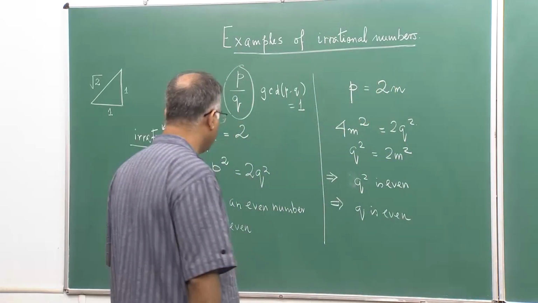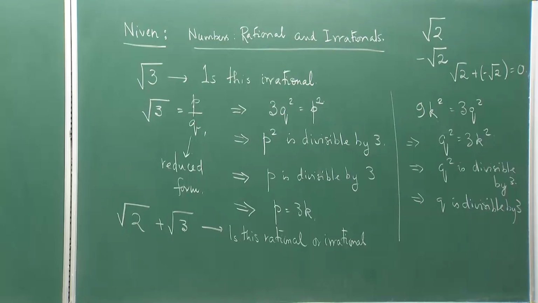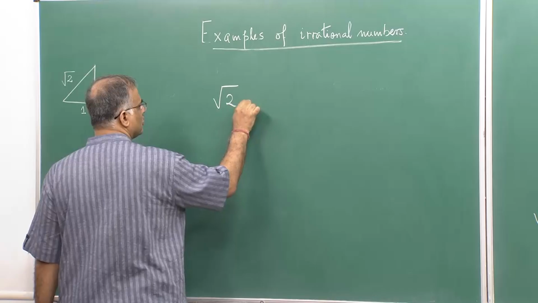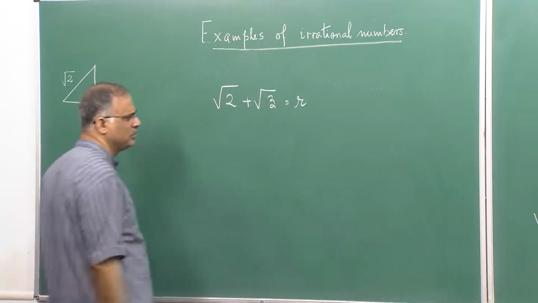The policy of doing this, as I will show you on this side of the board, is the following. Now, if I assume it to be rational, so let root 2 plus root 3 be equal to r, a rational number.